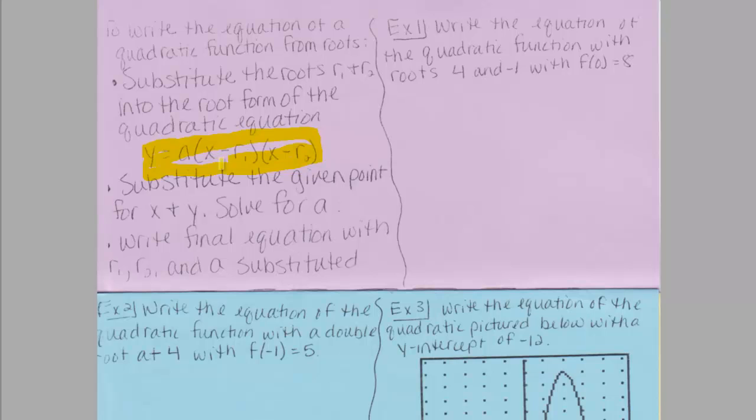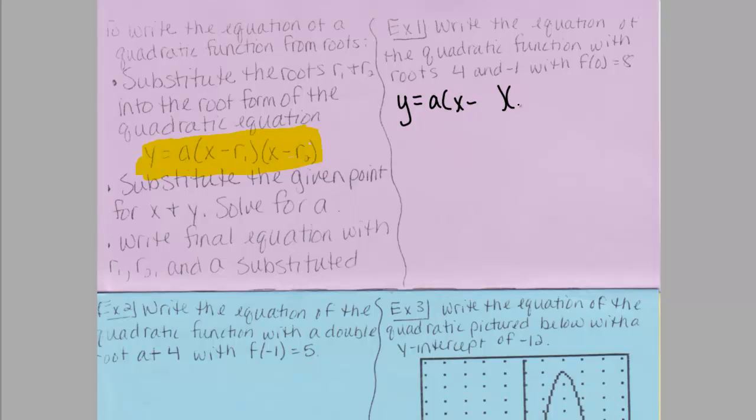Okay, and we're actually going to fill in all variables besides a, because we're going to search for a first, and then we will plug it back in again to get the equation itself. So what we're going to do first is fill in our R1 and R2.